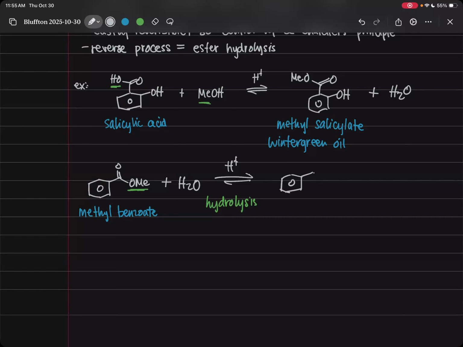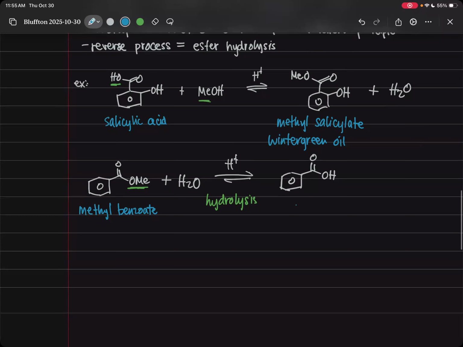So that acid is going to be just that, where the methyl group has been removed and replaced with hydrogen. So that's benzoic acid, and methanol from the methyl group on the methyl benzoate.